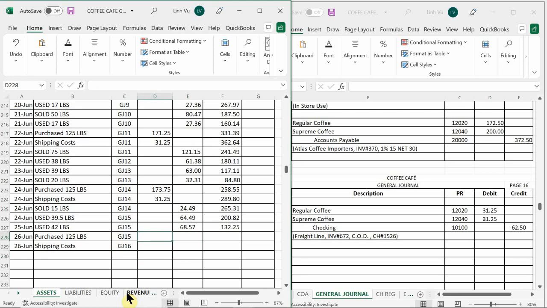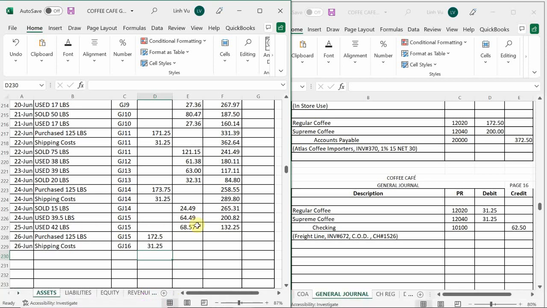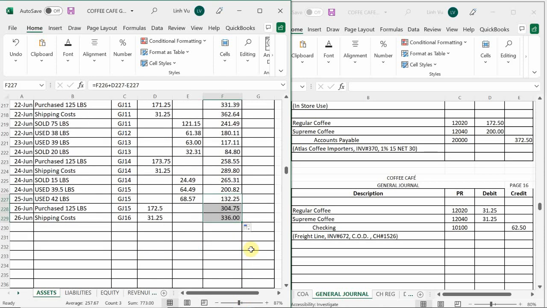We increased it by $172.50 plus $31.25, and that gives me an inventory account balance of a total of $336 even. Wow. $336.